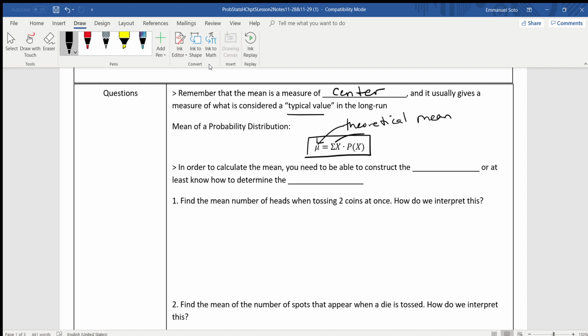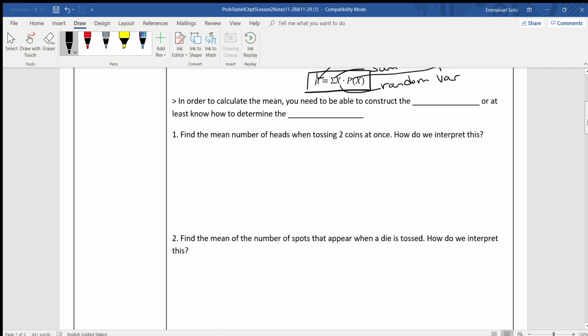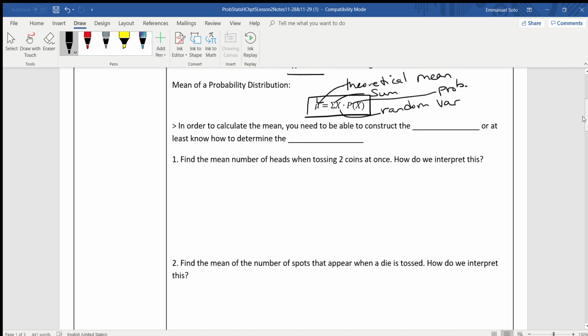This is for your sum. Remember that x is what we use for our random variable. And then the p is used for probability. All right, so all we've got to do is basically multiply our random variable with its chance of occurring and then add these together.